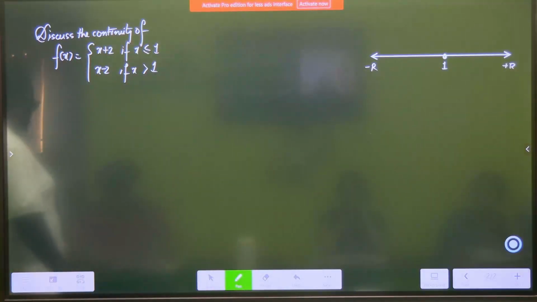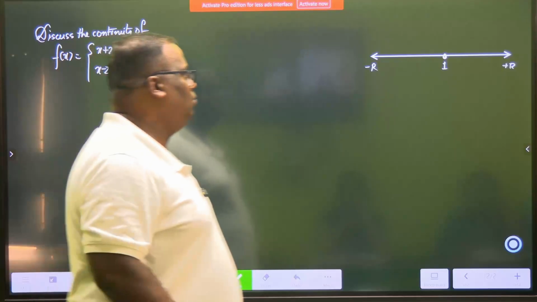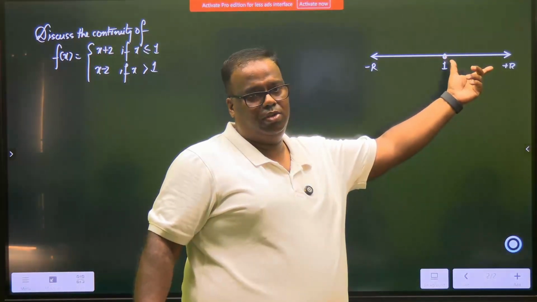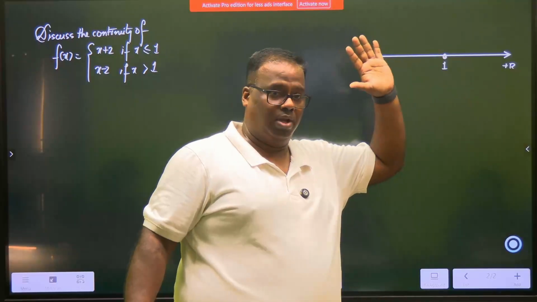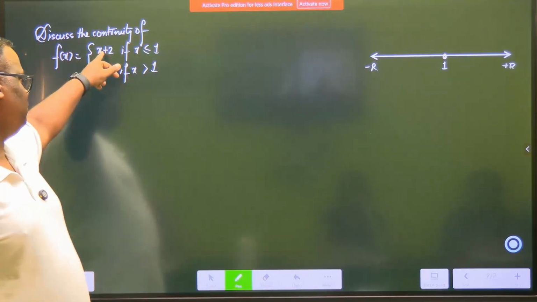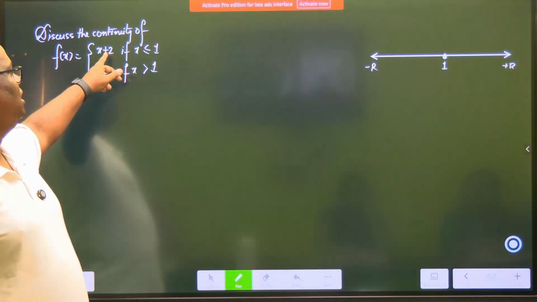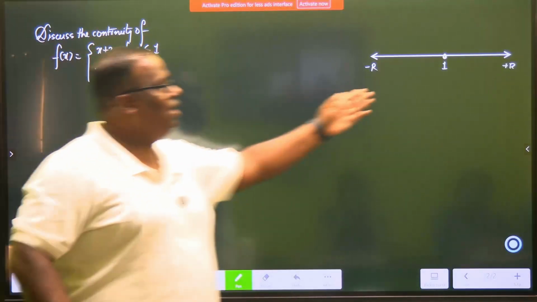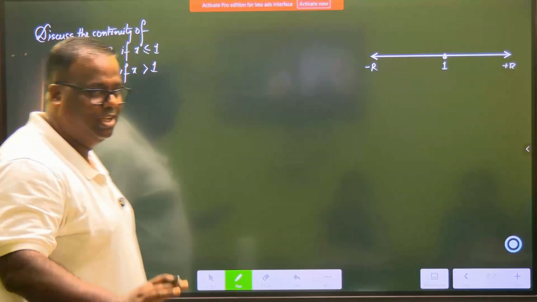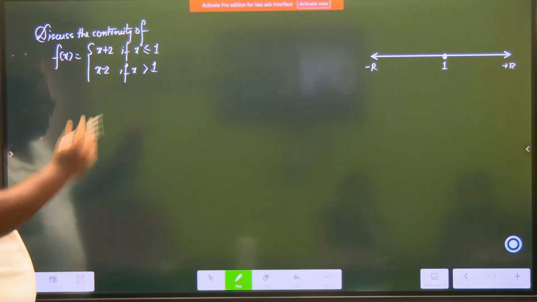Do you agree? So what we will do here, we will check before 1, we will check after 1, and we will check at 1. Right? Common sense says this function has to be continuous in its domain. So you will find here also it will be continuous, here also it will be, but at 1 there will be some trouble which will happen. Because this is an algebraic function, it should be continuous.